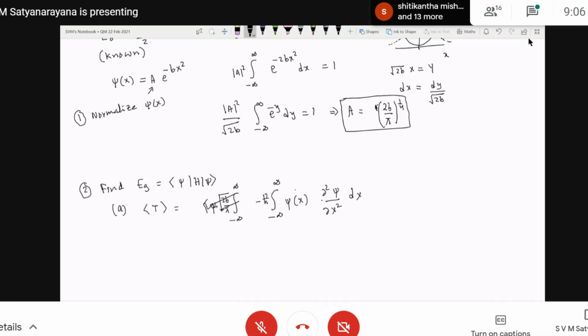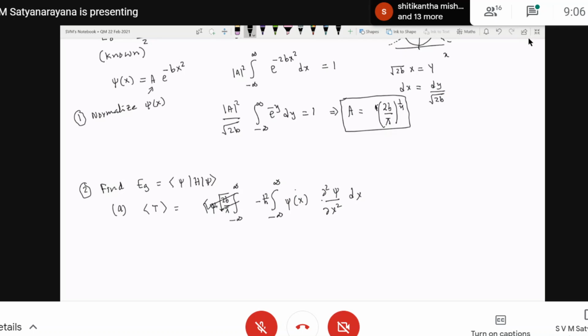Now you can do the same substitution, so you get x is equal to y by root 2b.